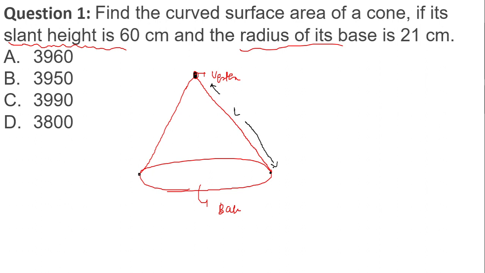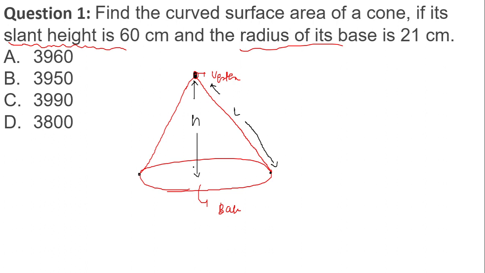So what is height then? Height is the distance from the vertex or apex of the cone to the base of the cone. Got it? So I hope you have understood the difference between the height and the slant height.